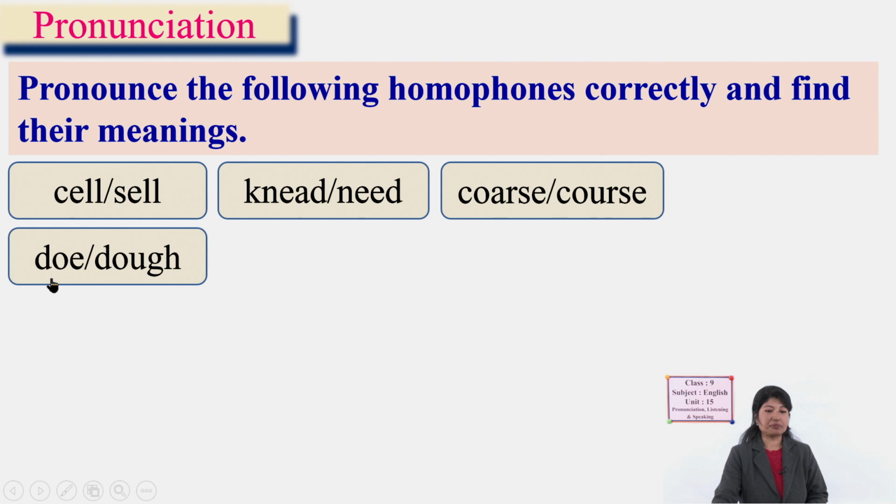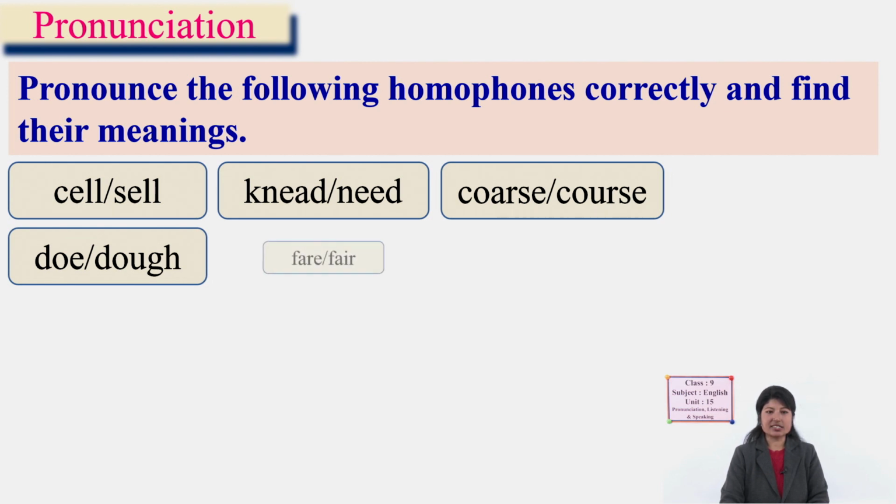And the next one, dough, is the product that comes after kneading, right? When you mix water and flour, you can make dough. So that is dough, a bowl of flour and water. Okay, you got it right.